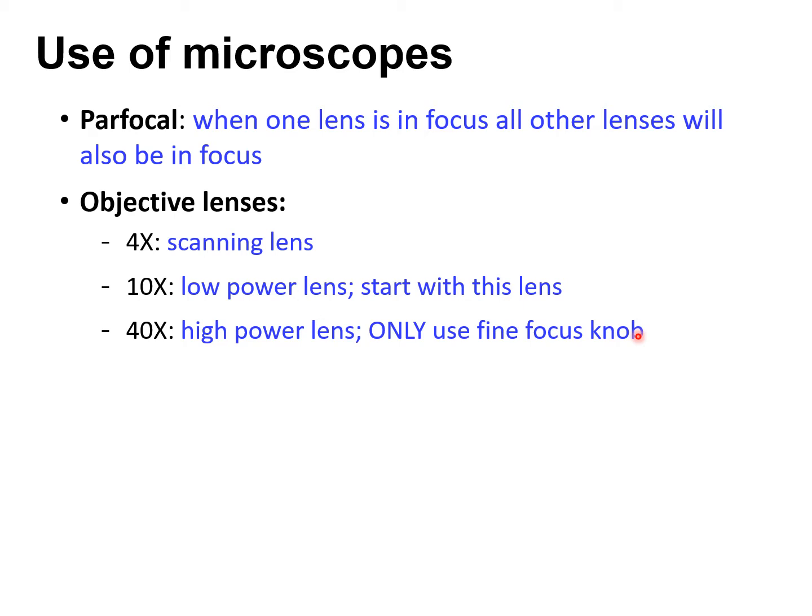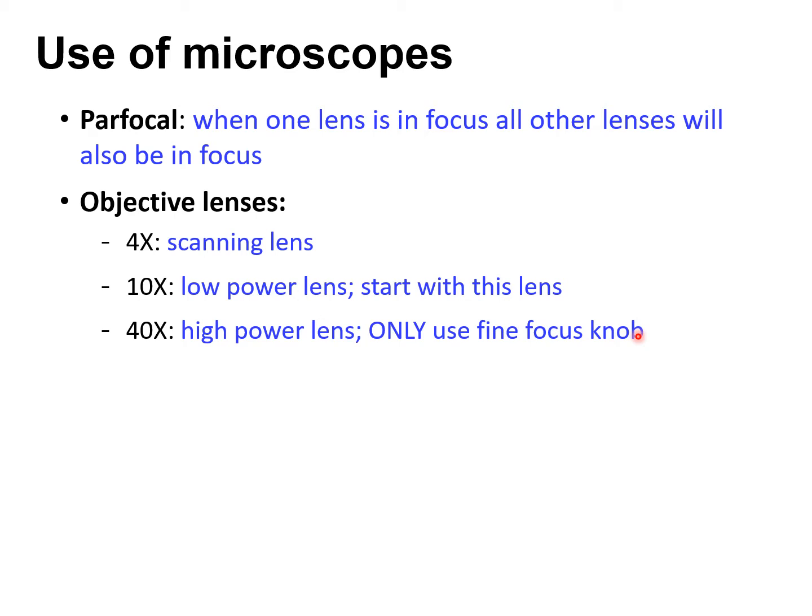The reason why you don't want to use the coarse knob is that every time you rotate the coarse knob, the stage where you have your slide gets closer to the lens that you are using.